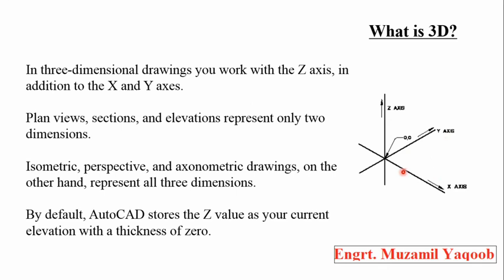Plan view, sections and elevation represent only 2 dimensions, while isometric and perspective drawings, on the other hand, represent all 3 dimensions. By default, AutoCAD stores the z value as your current elevation with a thickness of 0. So this was all about 3-dimension or 3D.